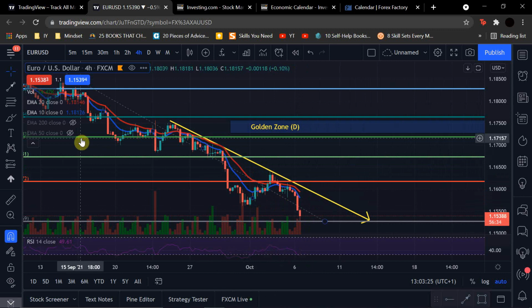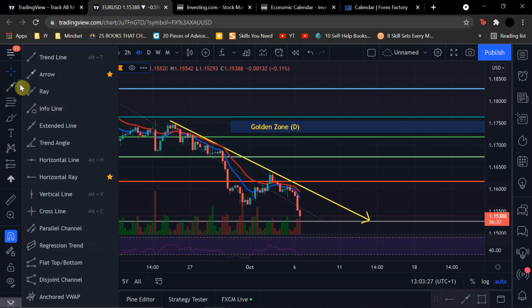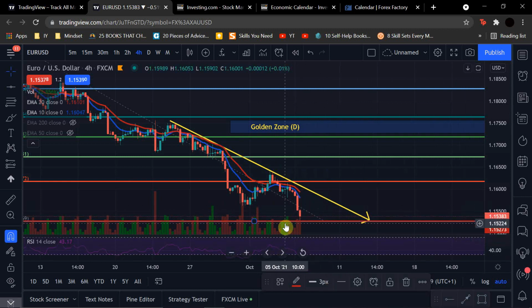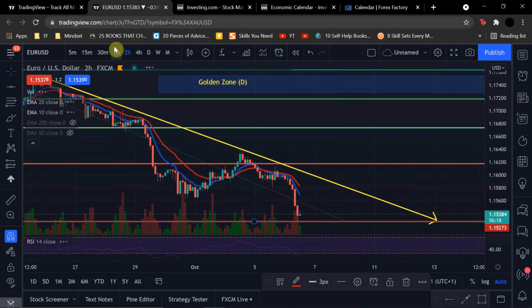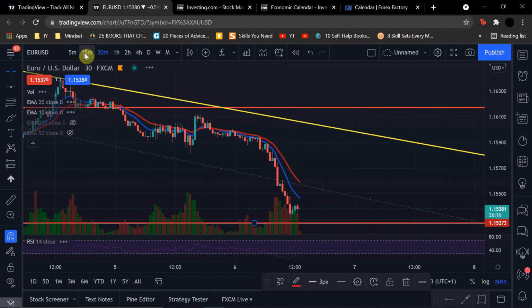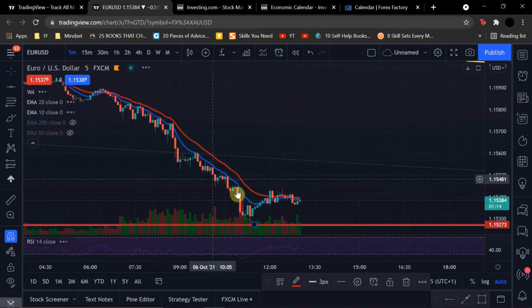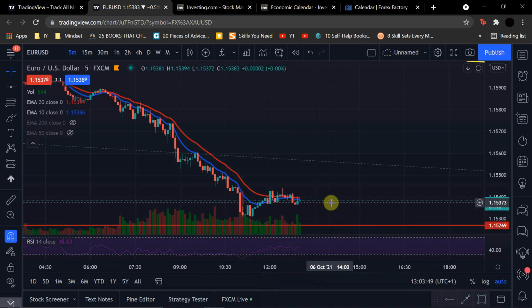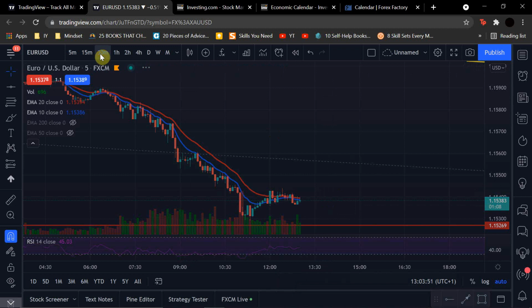And then maybe I could put a line here. Horizontal line here. And then how do I place it? There we go, right on the fib point that I'm looking for.